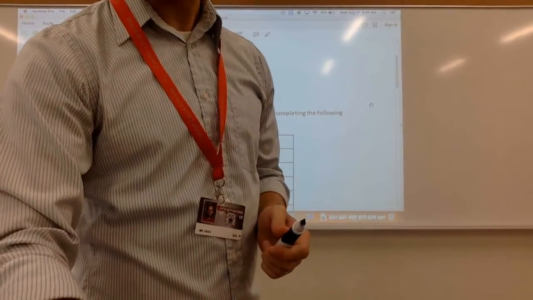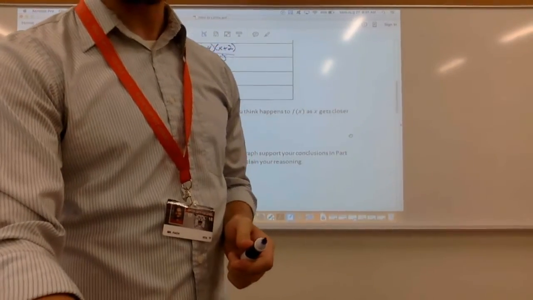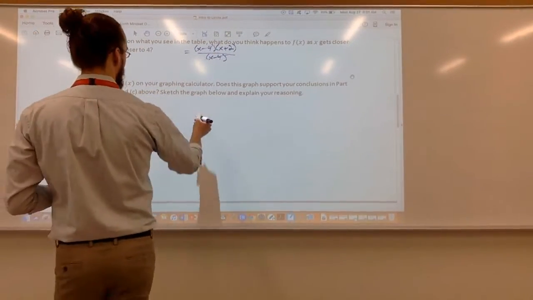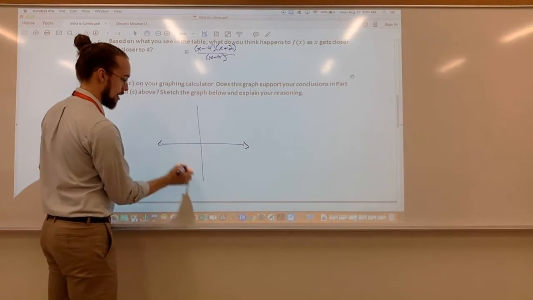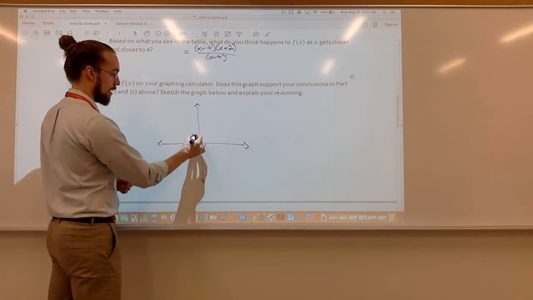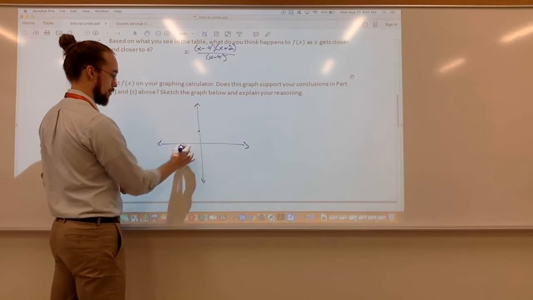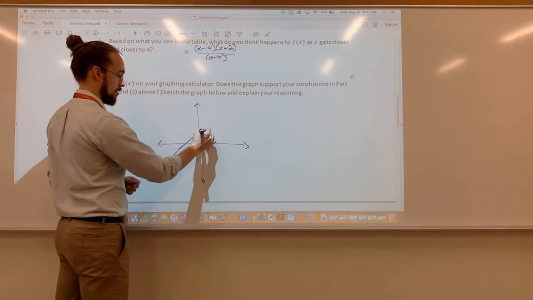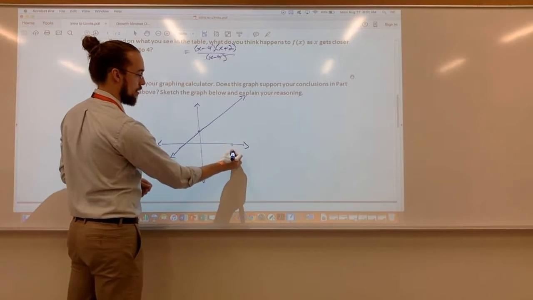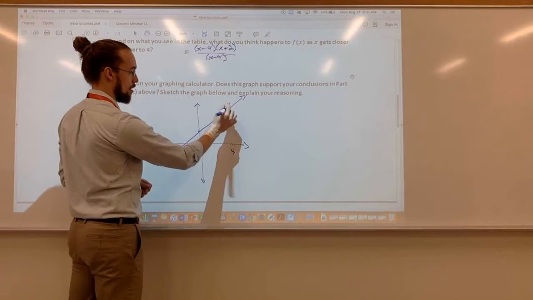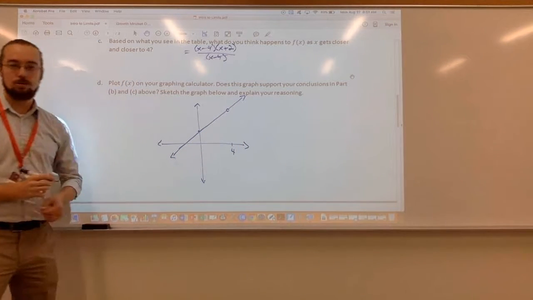So our graph then, if we go down to part D, we can easily sketch out our graph. We know this is just going to be the line x plus 2. So I'm going to be going through 2 here. But I know that at 4, there's going to be a hole.